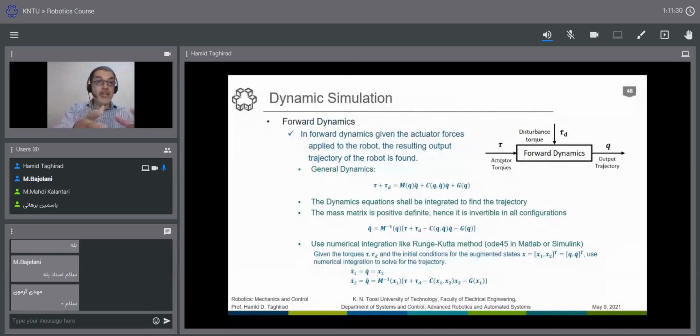We have this formulation, M(q)q̈ plus C(q, q̇) plus G(q), which is very effectively found for the robot. And if we have this, we can find the output trajectory. We give the torque to the system and see how the robot moves. If we give a sinusoidal torque to the system, the robot should have some wavy motion.